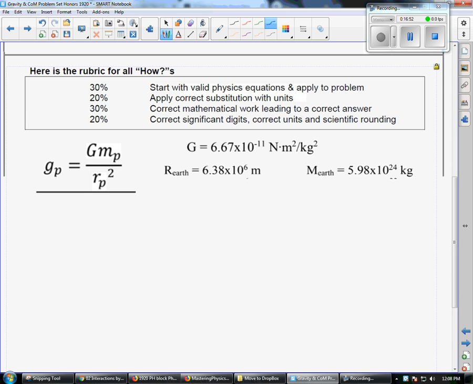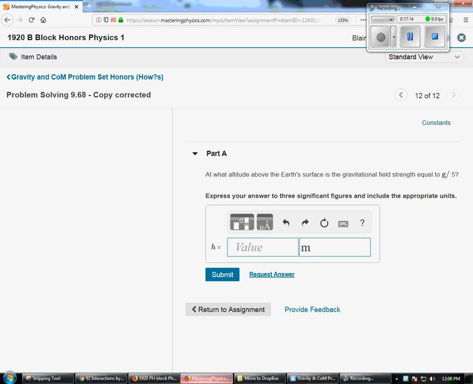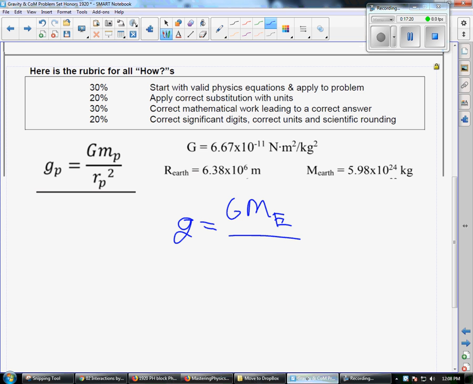So I'm looking for the gravitational field strength. I have big G, so I'll use that. It's the mass of Earth, because that's the planet I'm around. And I'm told I want to know at what altitude above the Earth's surface is the gravitational field strength. Remember this R is how far I am from the center, which is the radius of the Earth plus my altitude.